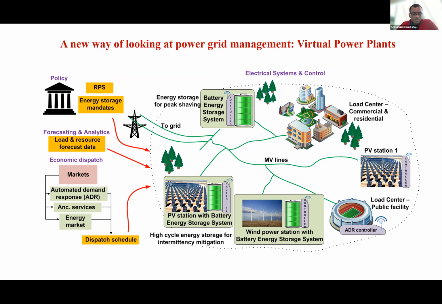But even in today's traditional grid, loads do have some categorization, and high prioritized loads are identified, right? Typically, such prioritized loads have some kind of a UPS system installed.